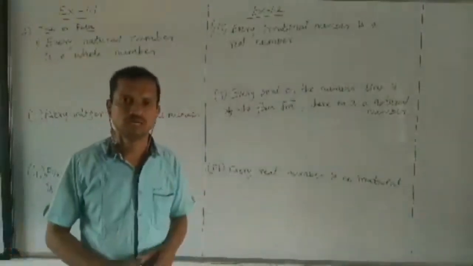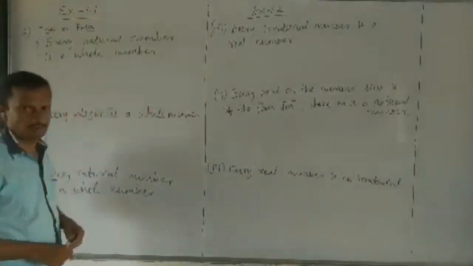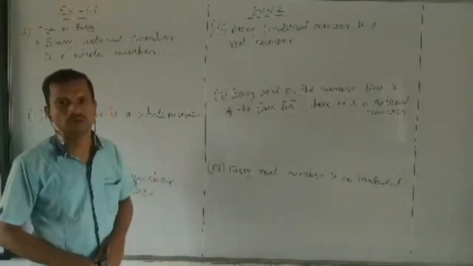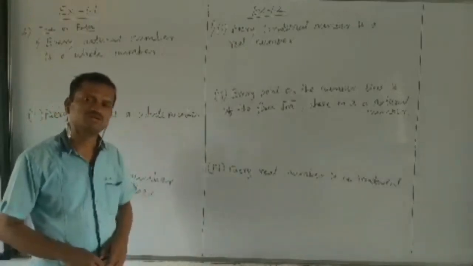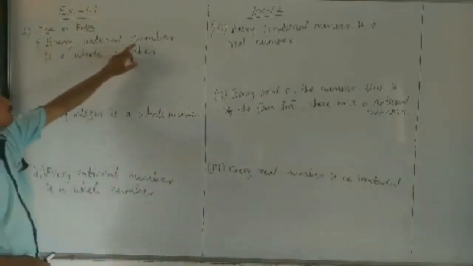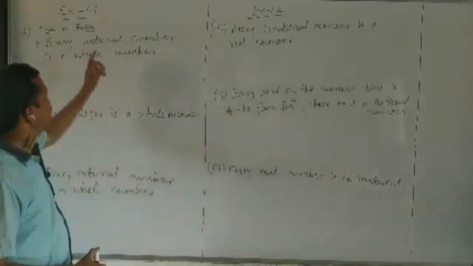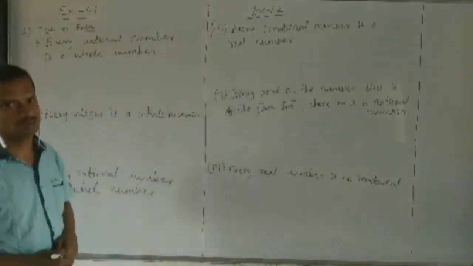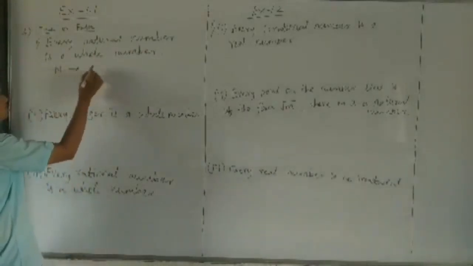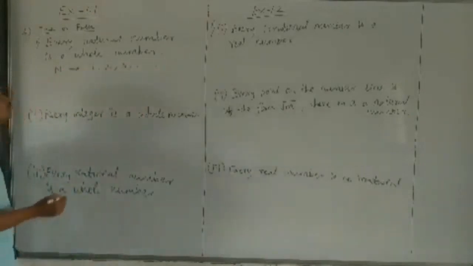Okay students, now listen. Exercise 1.1. The fourth sum is true or false. The statements will be given and you have to say whether the given statement is true or false. Every natural number is a whole number. Do you know what is natural number? Natural number means 1, 2, 3, etc. Counting numbers.